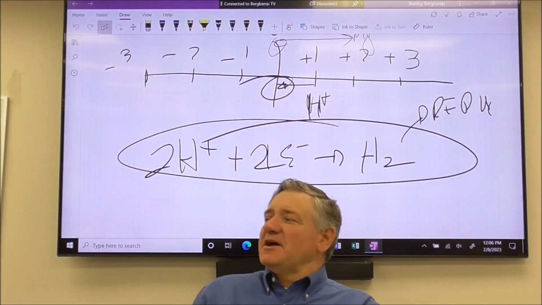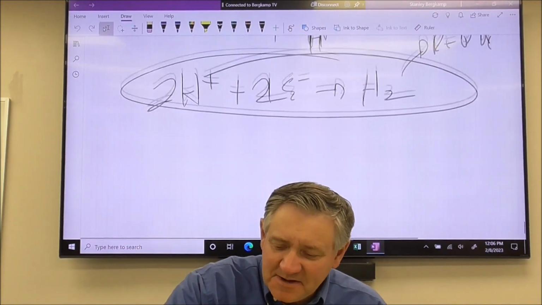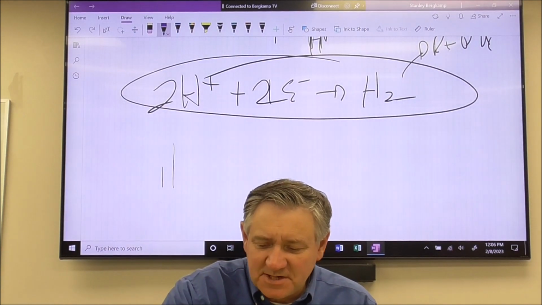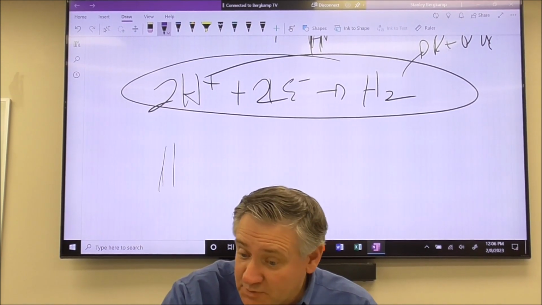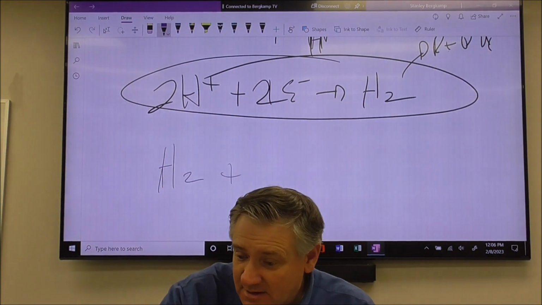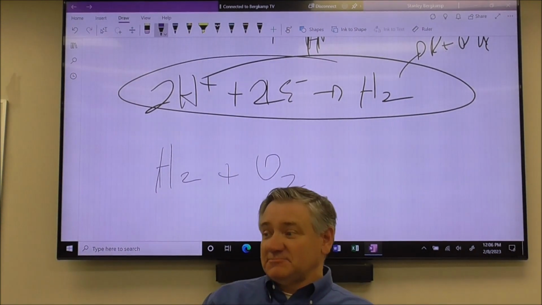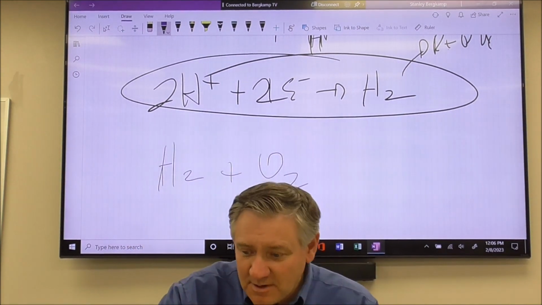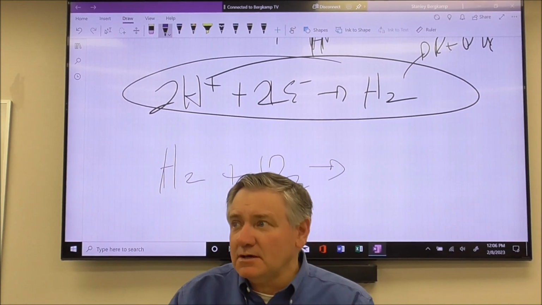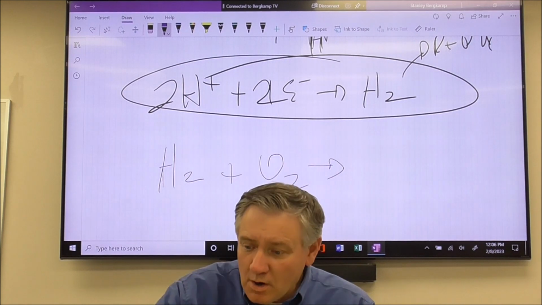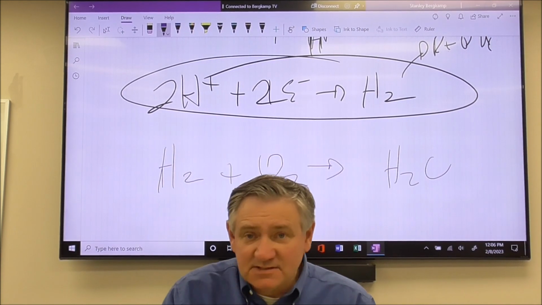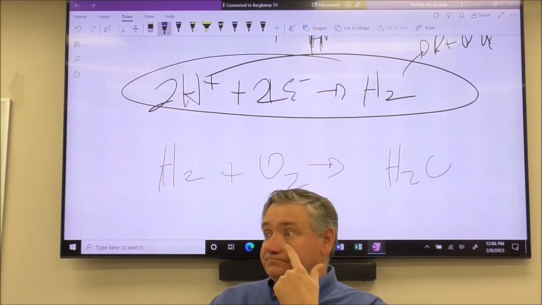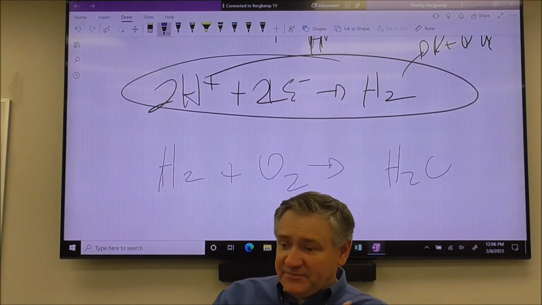Okay. So look at what happened when you took the hydrogen gas. We took hydrogen gas and oxygen gas. So when I collected the hydrogen gas, I put the flame in there. And out of that, what did we get? H2O. Is this going to be a redox reaction? Yes, most definitely.